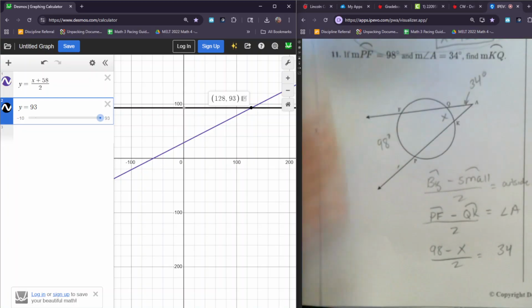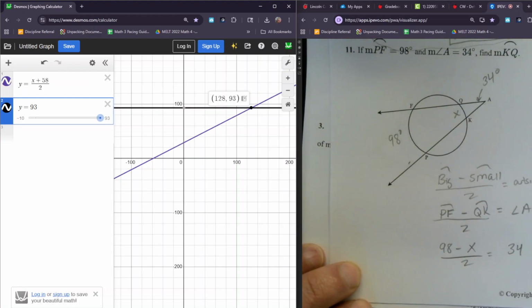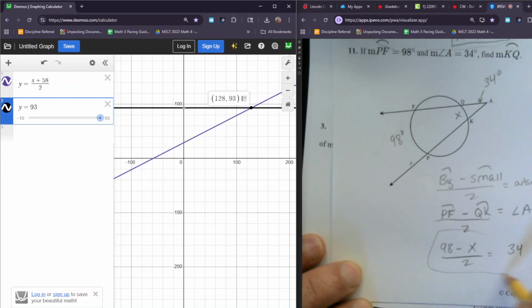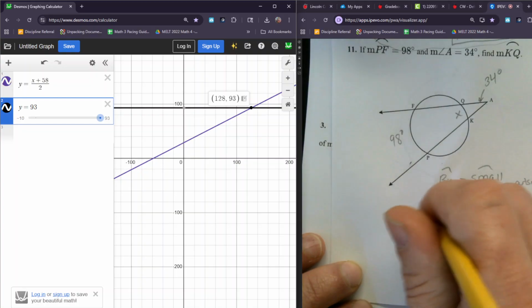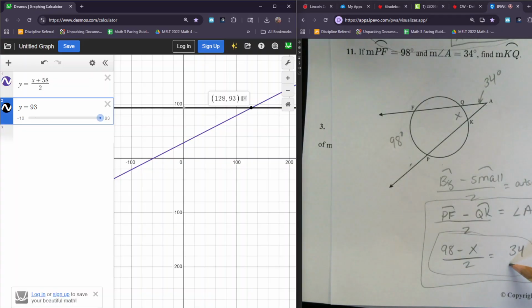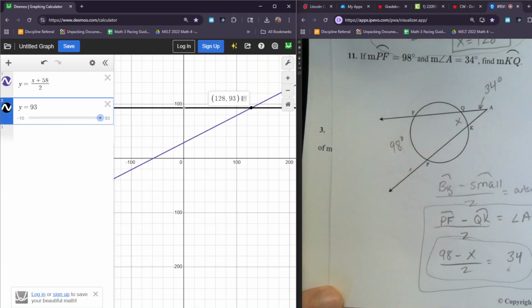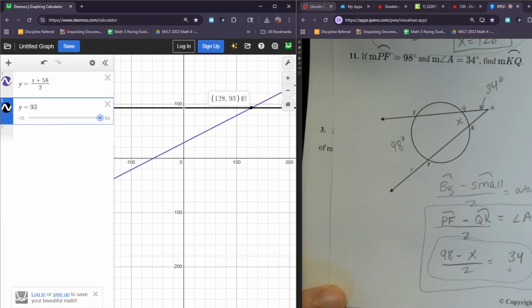Now, once again, you could use Desmos. I don't really care. I need to see how you got it. I like to see all of this, but at least this much right here. The segments is where you've got to give me what you're going to be multiplying together.